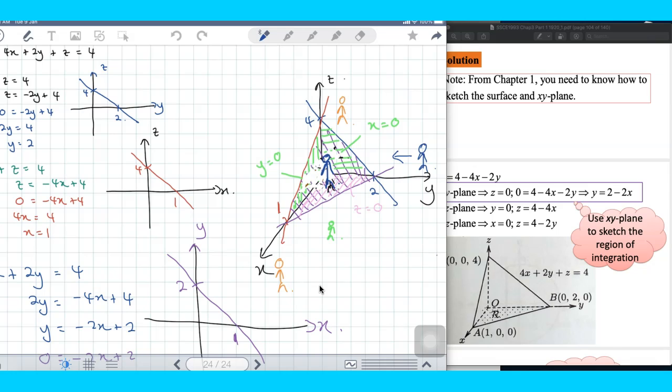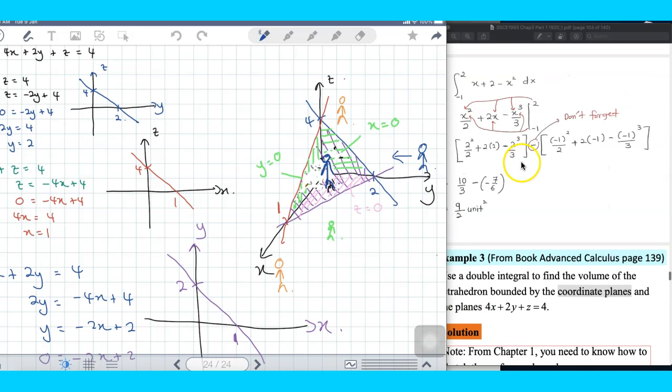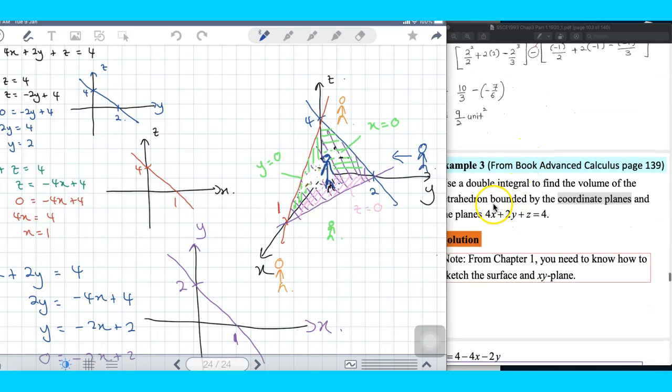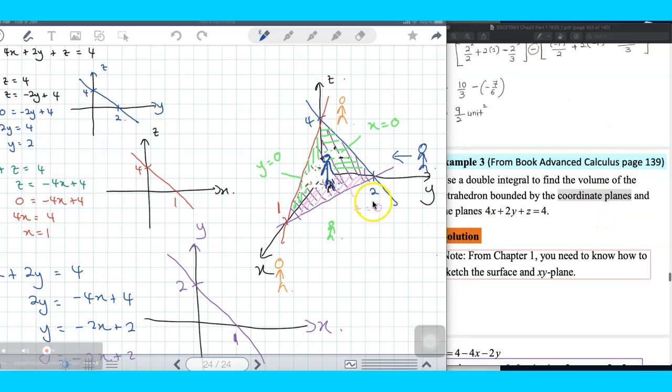You can see that your floor, where your feet are lying, is at Z equal to 0. Because we know from the instruction previously that the tetrahedron is bounded by the coordinate planes, which includes Z equal to 0. So now I know that the lower bound of Z is Z equal to 0, which is Z1, right? And then who is covering you? Who becomes your upper bound?